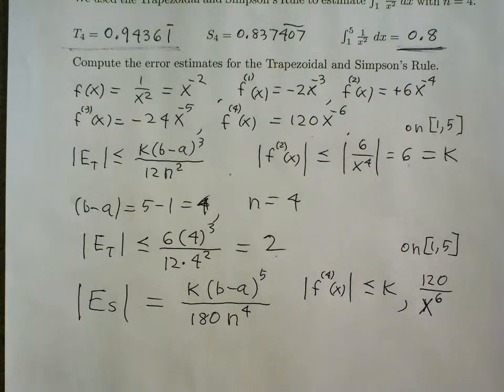Yeah, 120. When x is 1, this is the largest that it can be. For other values, they get smaller. So 120 is our value of k for this one.